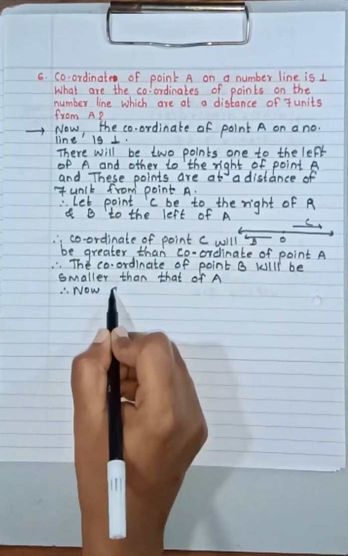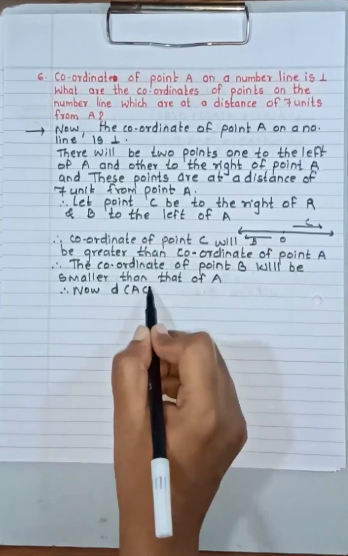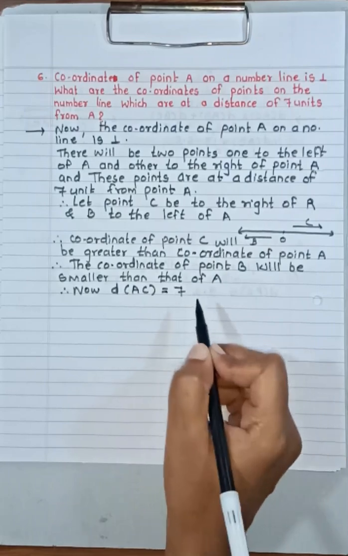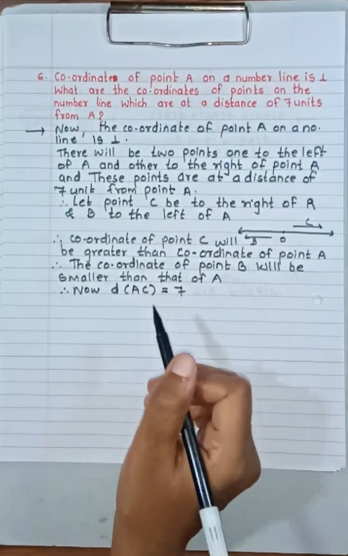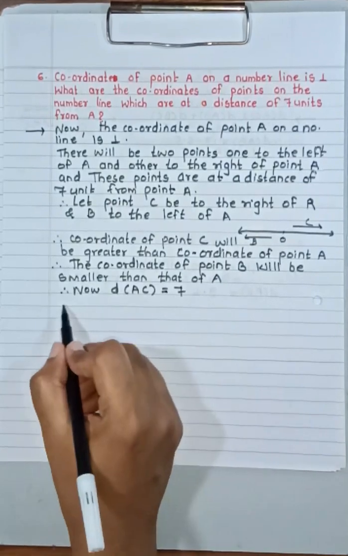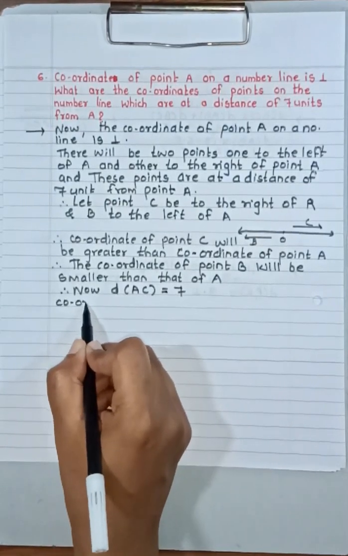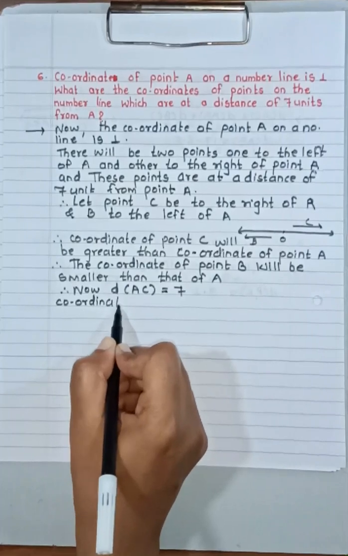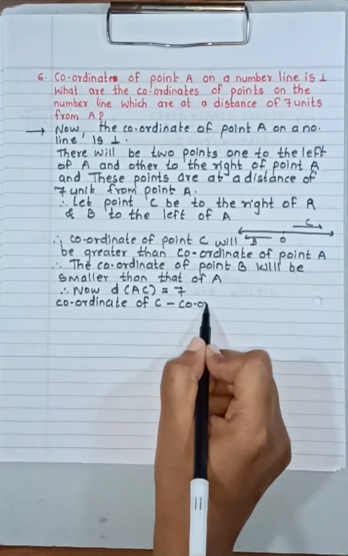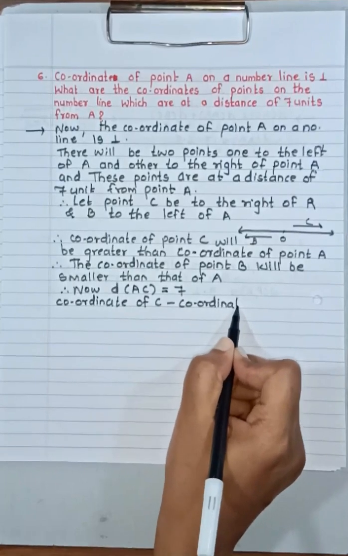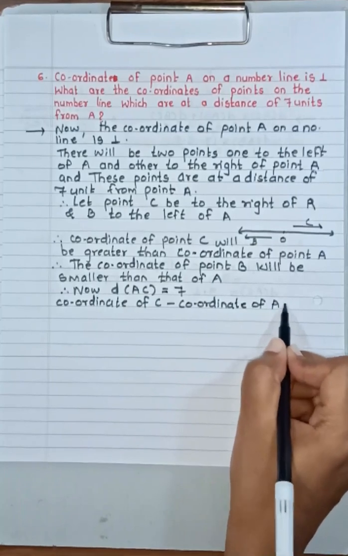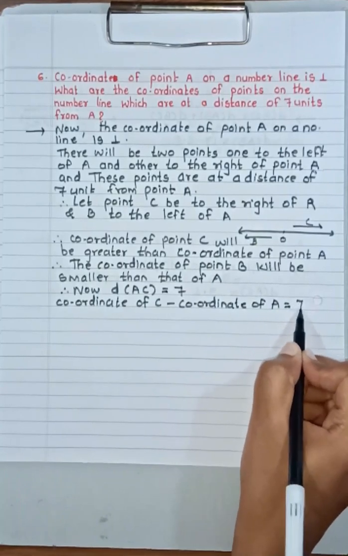Okay, now if you find distance AC, distance AC is how much? They have given it is 7. That means the distance of A and C is 7 units. Therefore, coordinate of C minus coordinate of A is equal to 7.